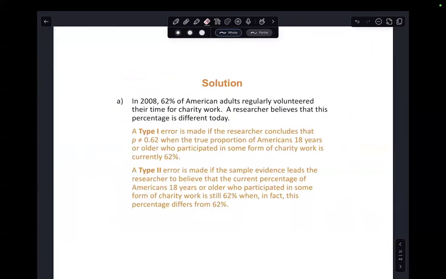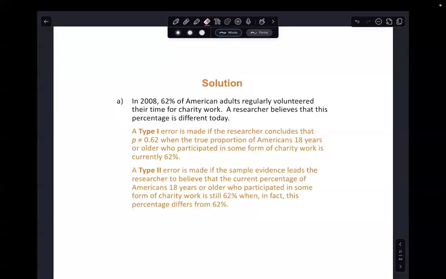So a type 1 error, if the researcher concludes that the proportion of Americans that participates in charity is not 62%, but it is actually 62%, that is a type 1 error.